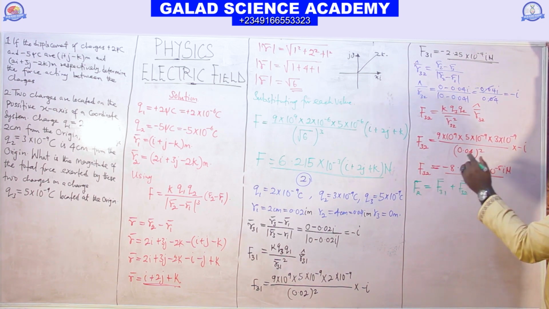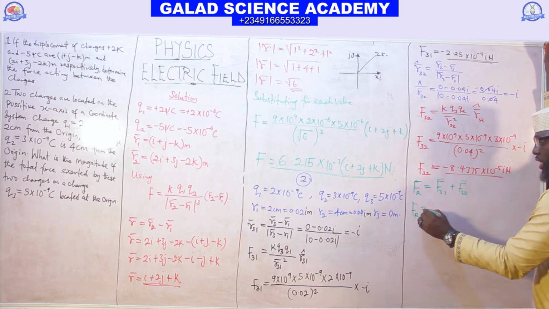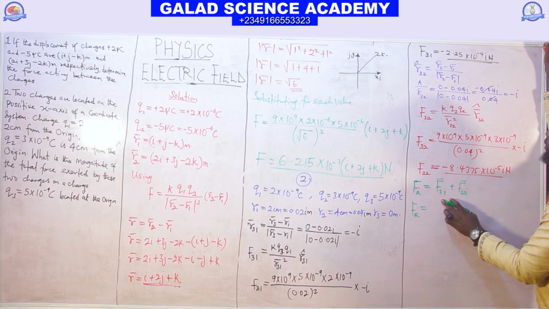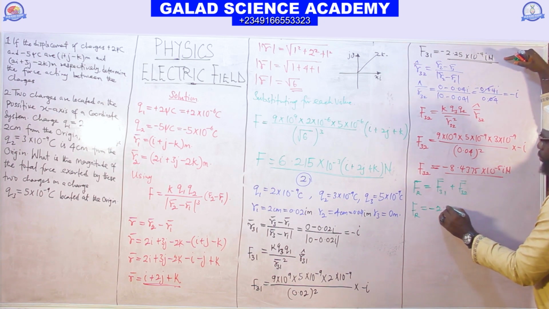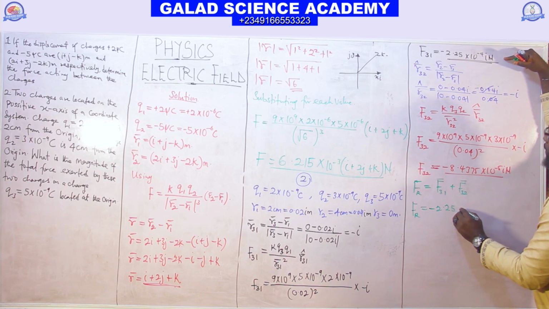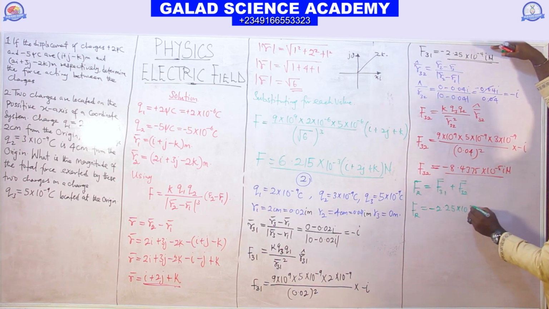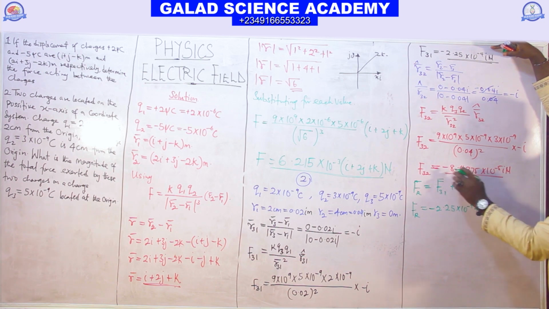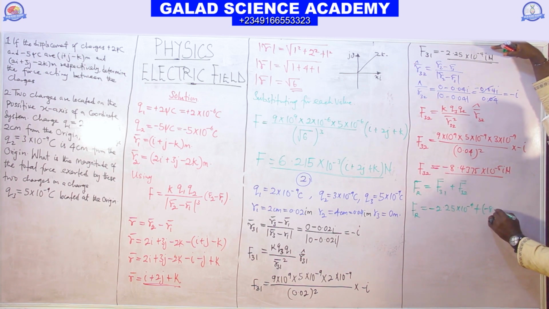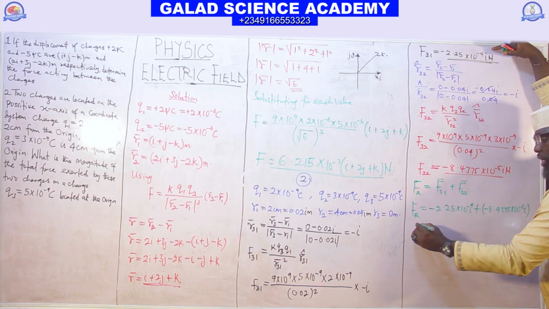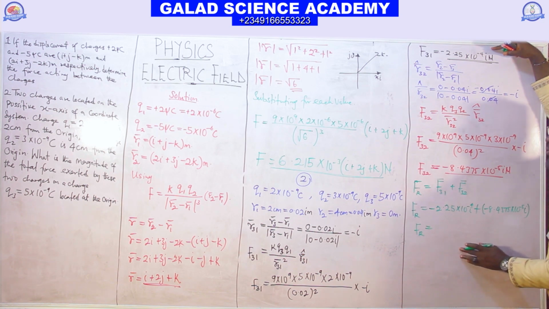By adding them together, the resultant force will be: the first one we have is minus 2.25 times 10 raised to power minus 4, plus this minus 8.4375 times 10 raised to power minus 5. Don't forget that here we have i, here we also have i, in Newton. By adding it together, we have the resultant force.